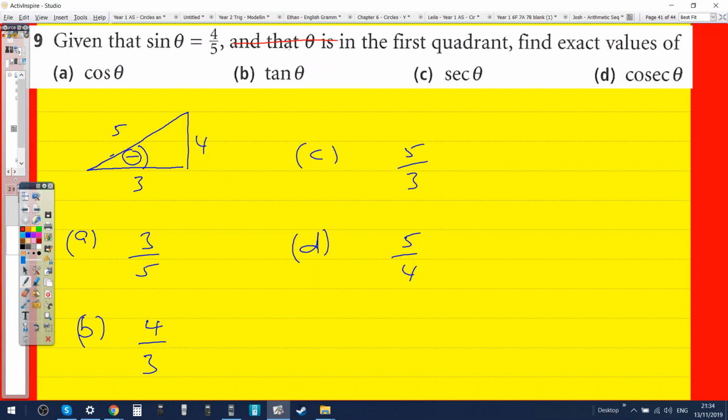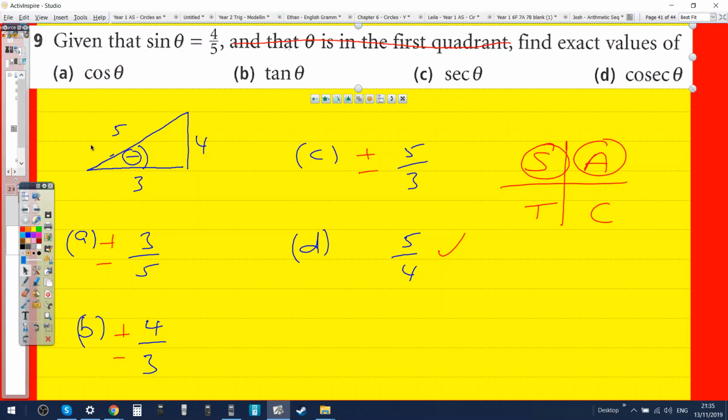I'll leave out the first quadrant thing. Yes. So you seem pretty good with that.